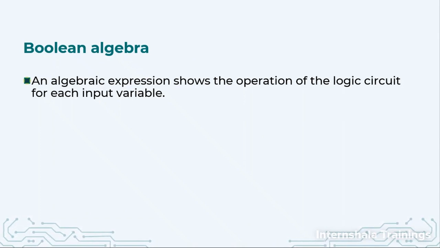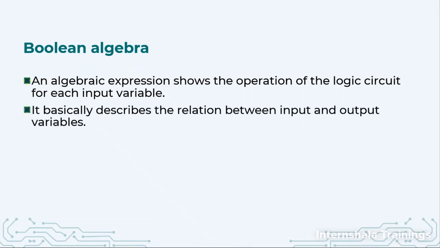The Boolean expressions or these algebraic expressions, they show the operation of logic circuit for each input variable. We are going to have few input variables and we are going to calculate the output variable expressions. So these expressions are basically describing the relation between these inputs and outputs.